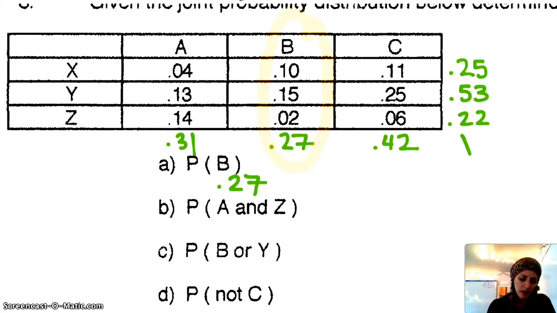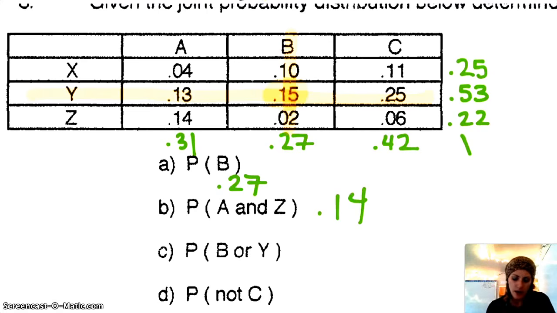The probability of A and Z occurring, so A being true and also Z being true, is just this 0.14. The probability of B or Y: that is not this 0.15, because that's the probability of B and Y occurring at the same time, but I want the probability of B happening or the probability of Y happening.